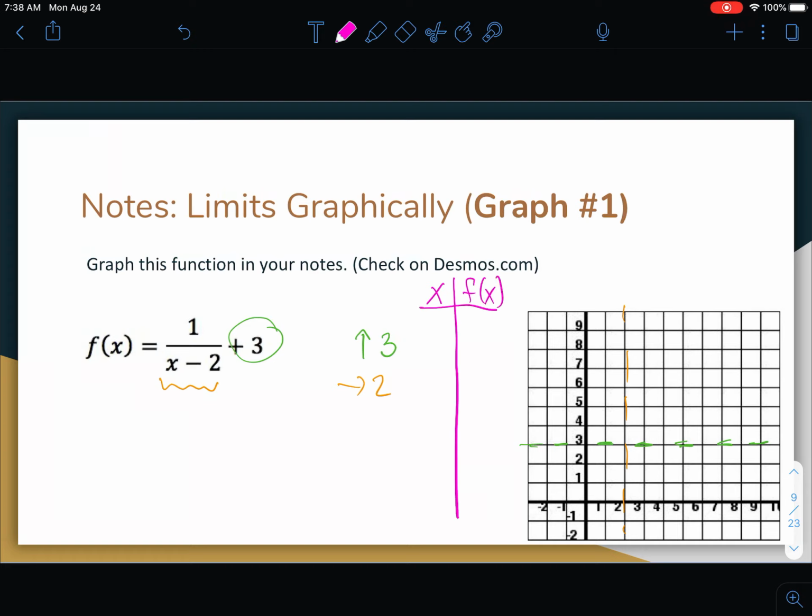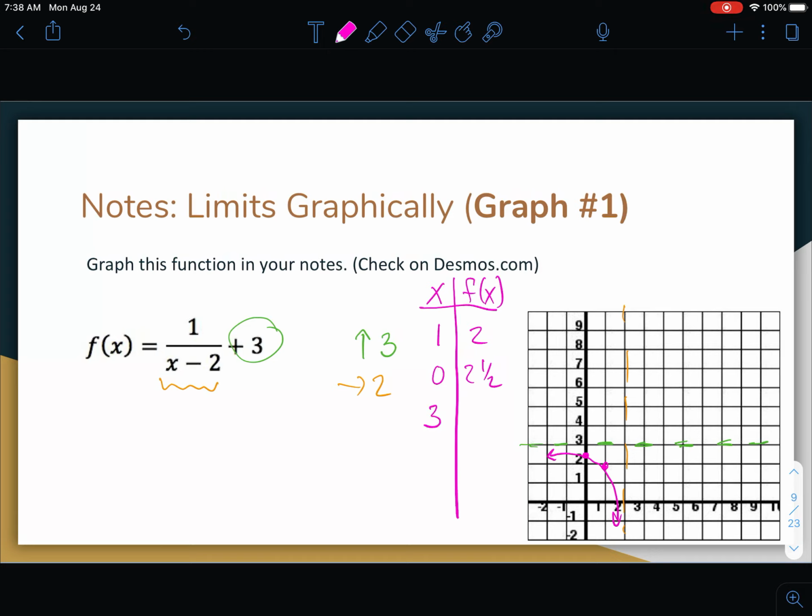If we plug in 1, we have 1 take away 2, which is -1, and we get 2. So the point is (1, 2). If I plug in 0, we'd get 2.5, so 0 would be up here at 2.5. You're going to have something with branches, so here's the first branch.